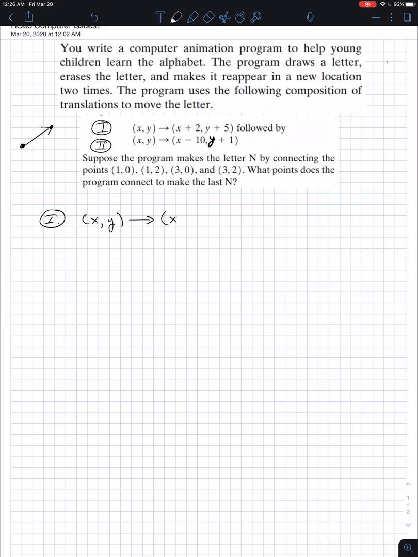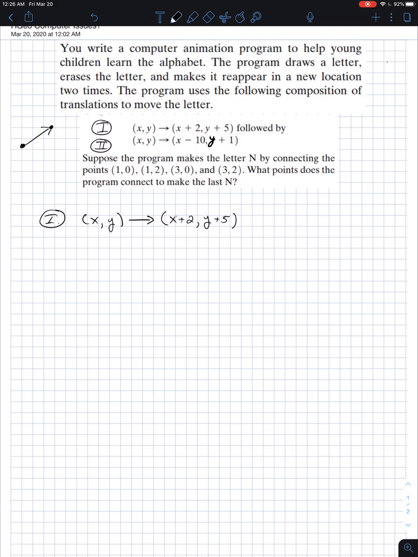We take whatever was in the horizontal position and move it to the right 2 places. Then we take whatever is in the y and shift it up 5 places. And what we get is just that basic combination of things, and we can work it out.